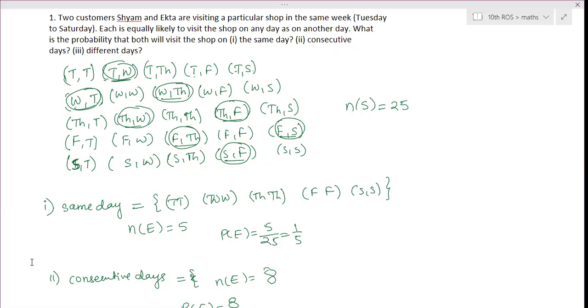If he has gone on Tuesday, then next the person may go on Wednesday, then Thursday. No single person visits the shop two times; one person goes to the shop once in a day.